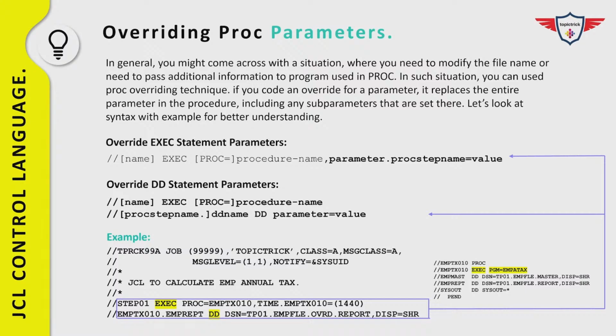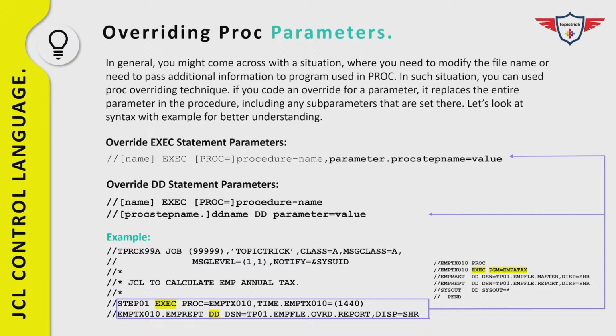And how I've done that is that first of all, I've specified the proc step name, that is EMPTX010 dot DD name, that is employee report, followed by DD, then DSN and the dataset name. And after that, you have to specify the disposition of the file, whether it would be share, new, old, catalog, as per your requirement.